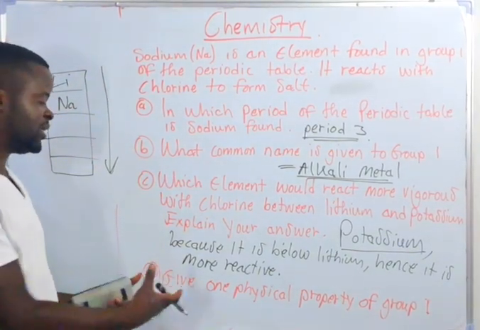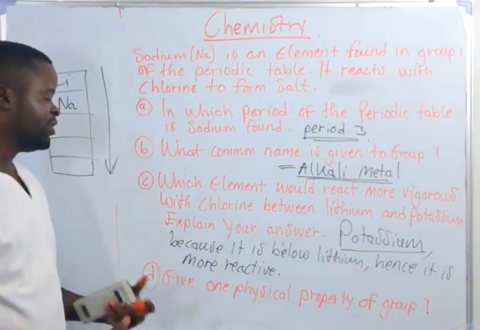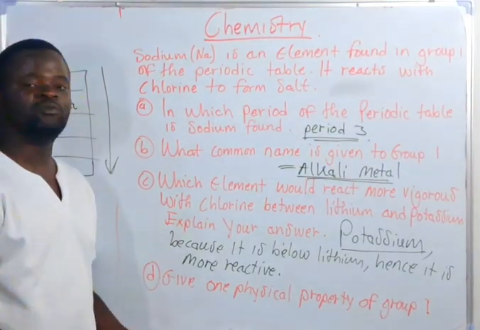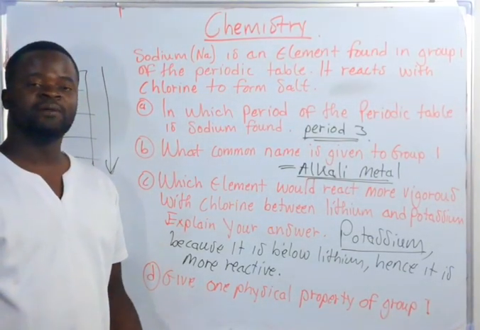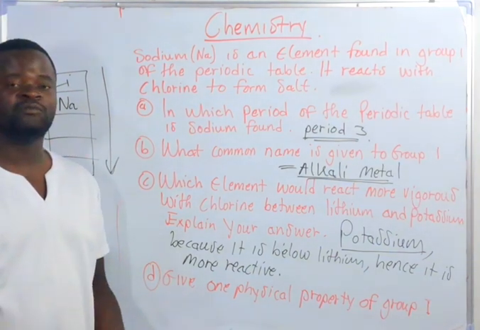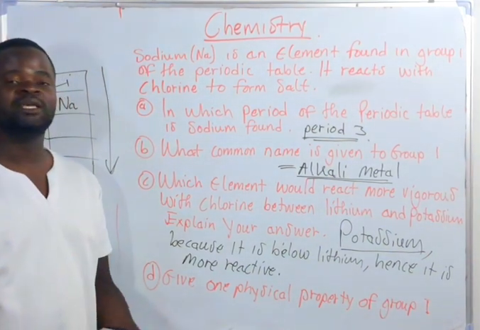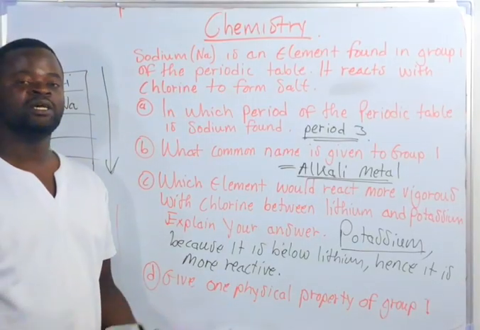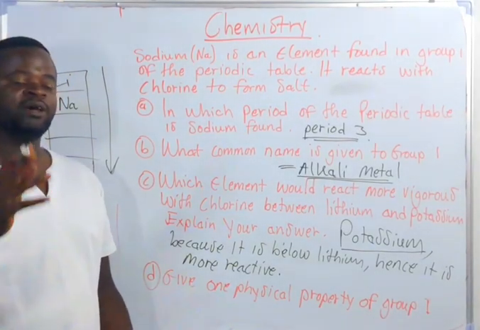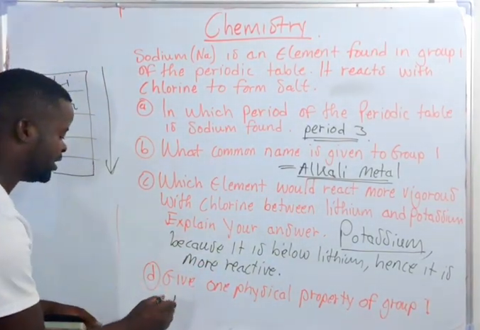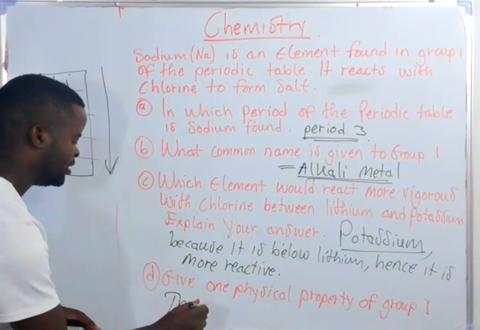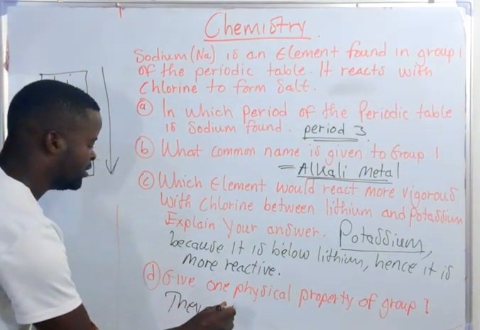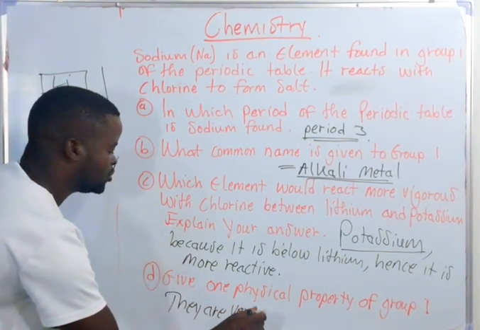Question D is just asking us to give one physical property of group 1 elements. One physical property of all group 1 elements is that they are very soft and they have low densities and melting points.